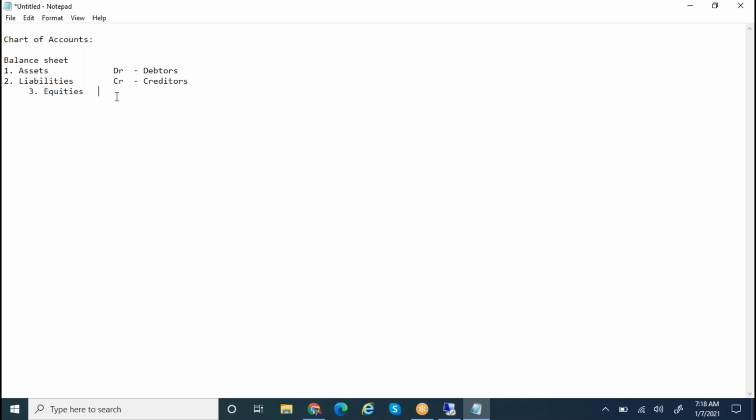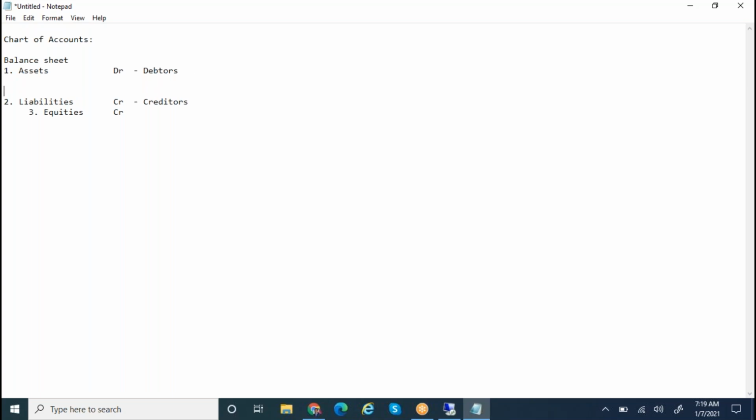As equity is a subset of liability, it is also credit. So always the first document will be posted as debit or credit. All customer balances are debtors. All inventory balances are debit balances. All bank balances are debit balances.